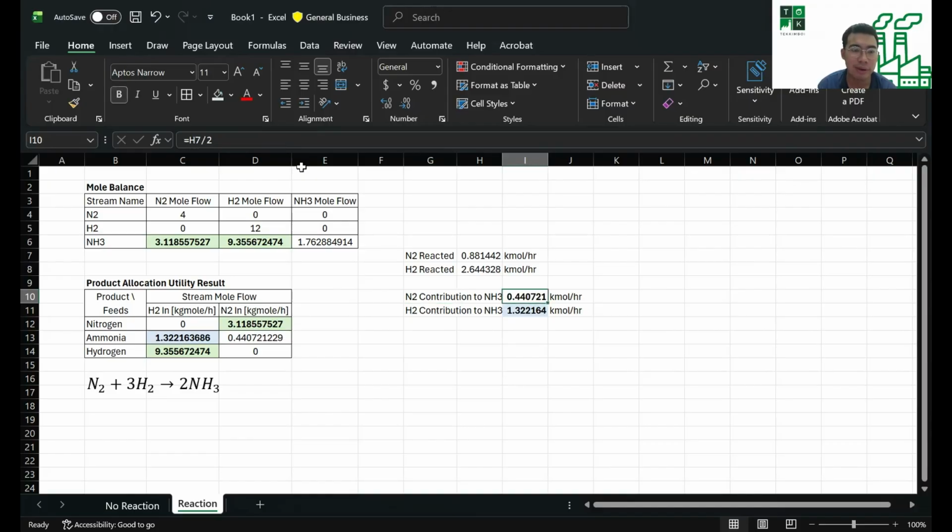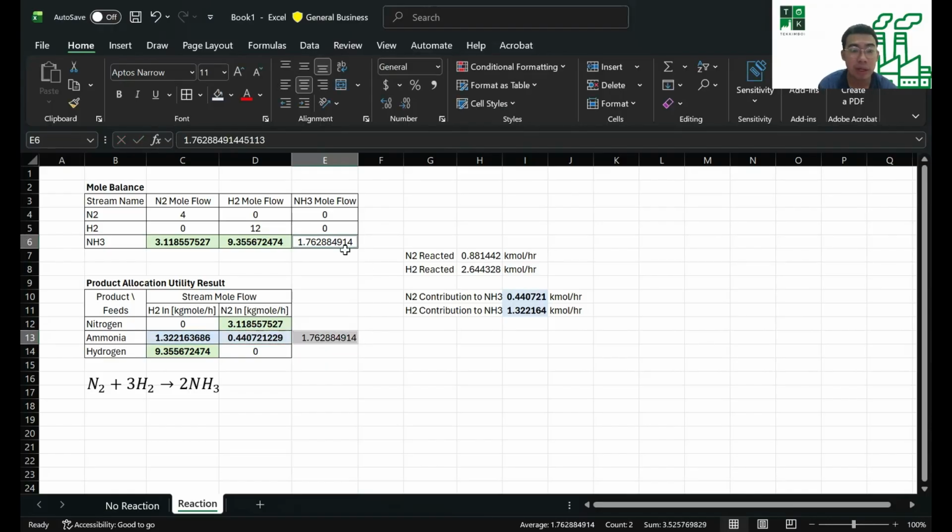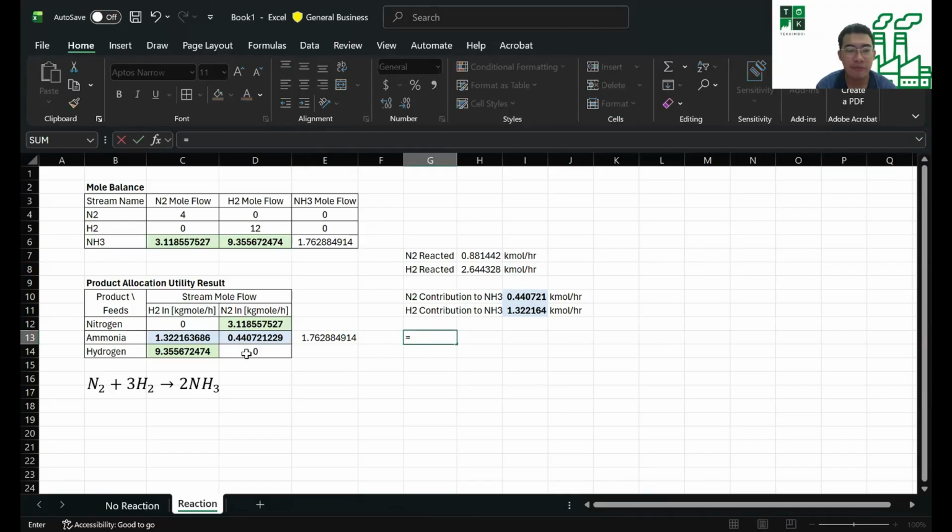And this is also the same as what we calculated. And if we sum these two numbers, it will be the same as the product of NH3 in our product stream. Exactly.